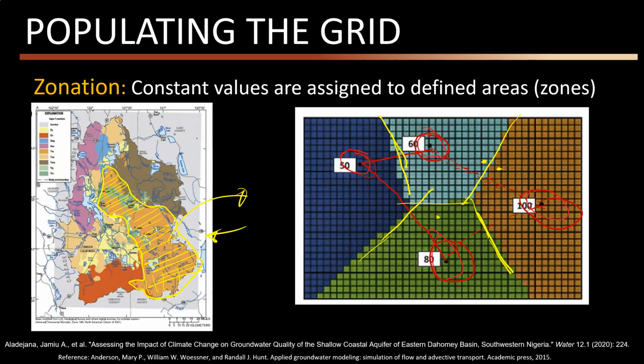So for example here, all of these numbers are 50. The number in each zone is constant. So this is a very common and very stable approach if we want to calibrate our models. But there are much more complex approaches that you'll see in the next slide.